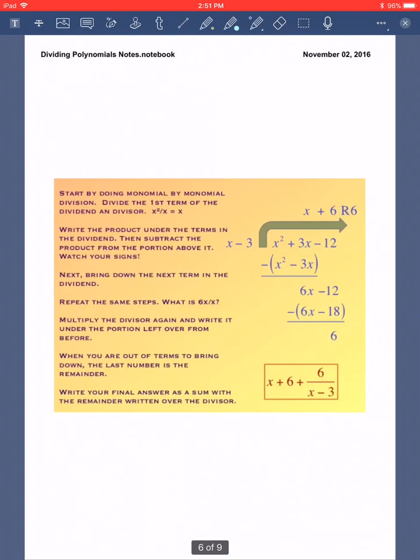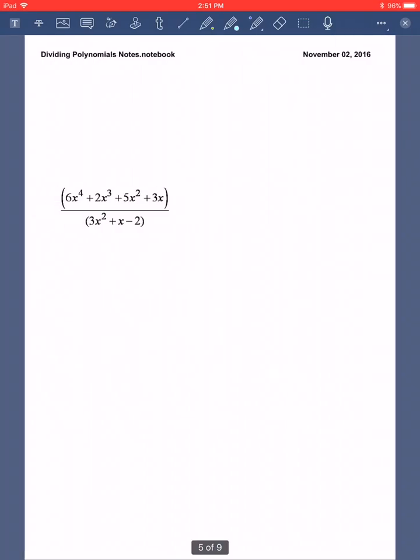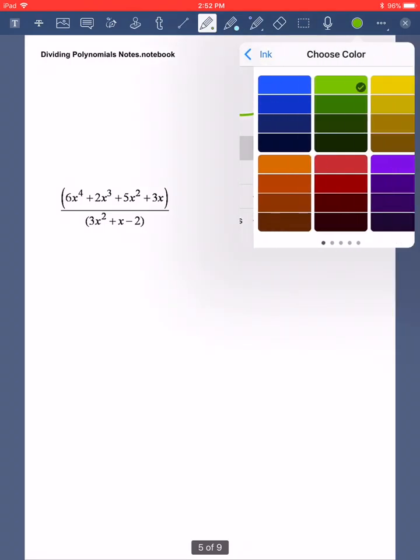Okay, one more long one. I have 6x to the fourth plus 2x cubed plus 5x squared plus 3x divided by 3x squared plus x minus 2. So I'm going to write all this out, making sure not to skip any degrees.